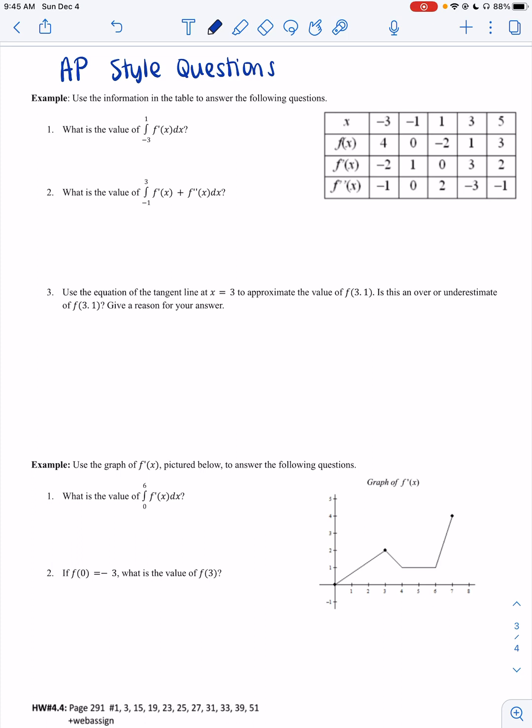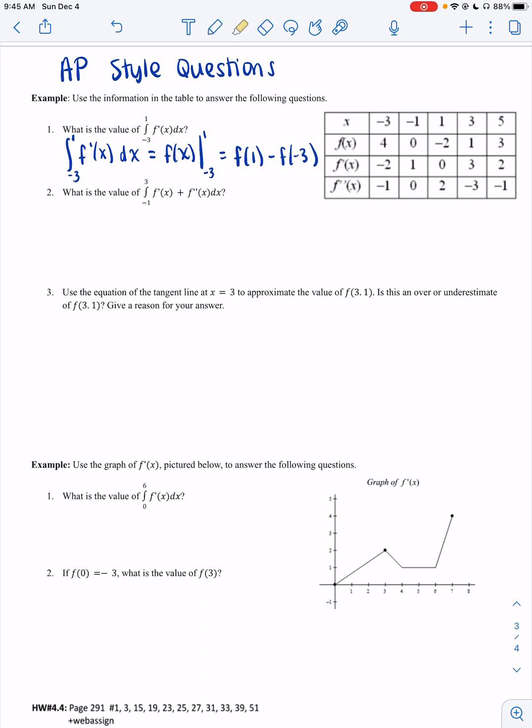We don't actually know what the function is, so we can't perform the antiderivative, but you should know that the antiderivative is going to go backwards. So if we are integrating f prime of x, the function we would end up with is f of x evaluated from -3 to 1, which is just f of 1 minus f of -3.